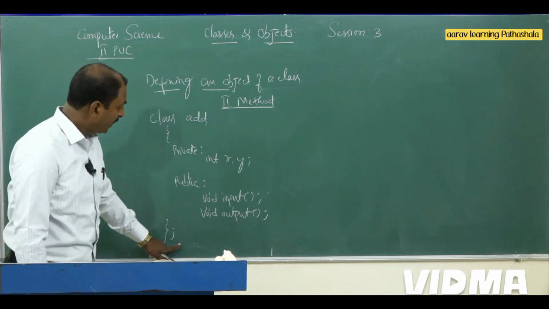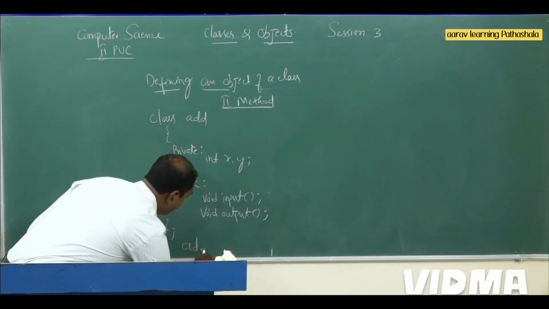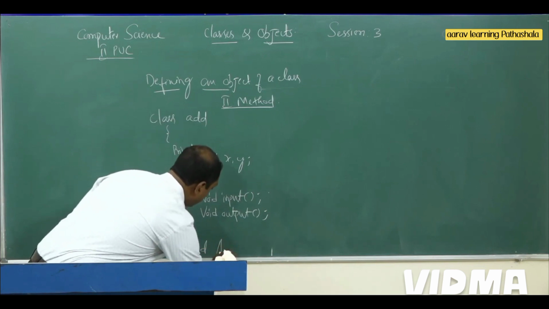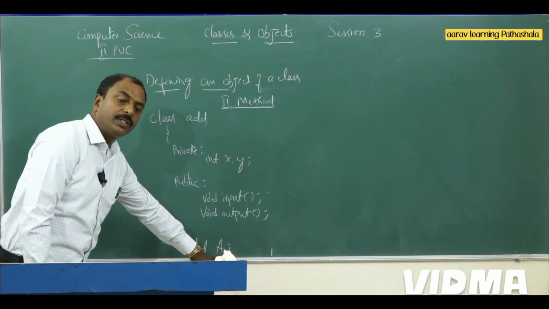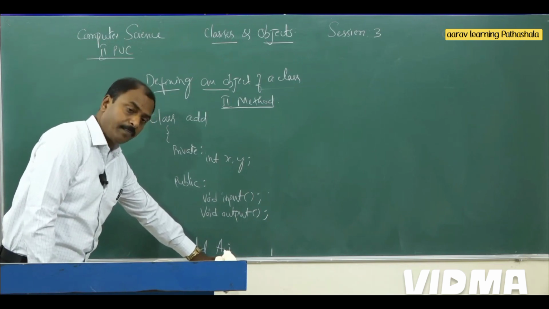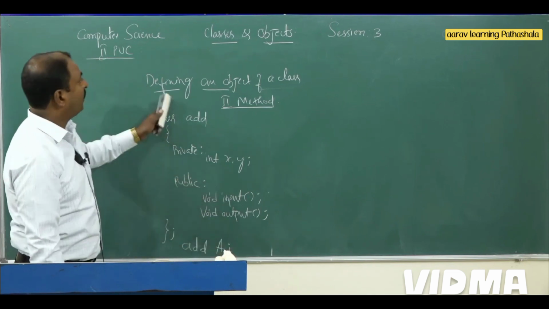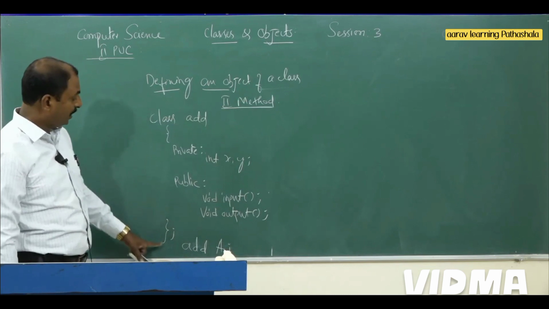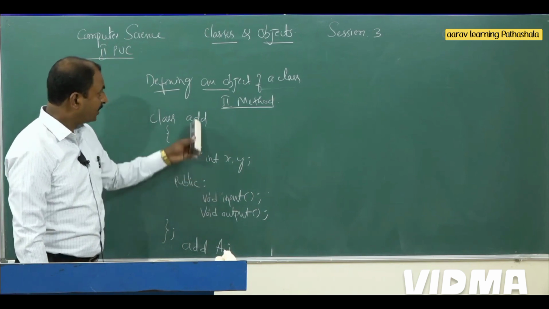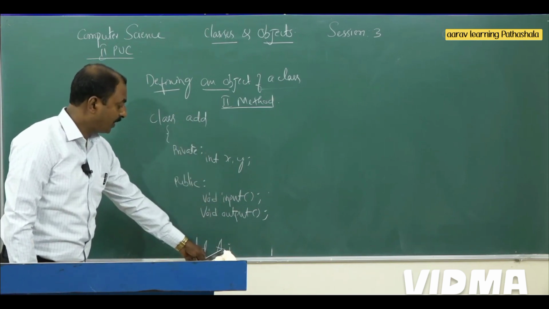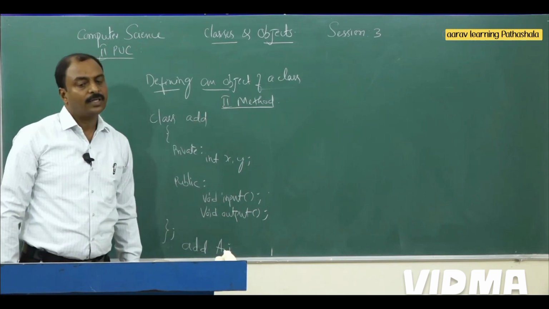Immediately after this we write the name of the class, add, and a space, and here I can write A. This is add A. This A is a user defined name. So this is another method of defining an object of a class. Immediately after the semicolon, we write the name of the class as well as the user defined variable name. This is the second method of defining an object of a class.